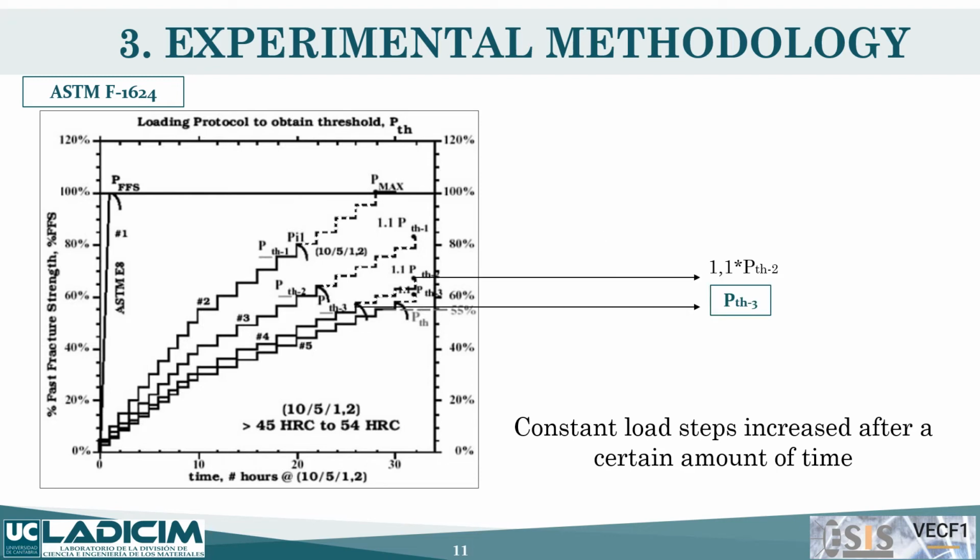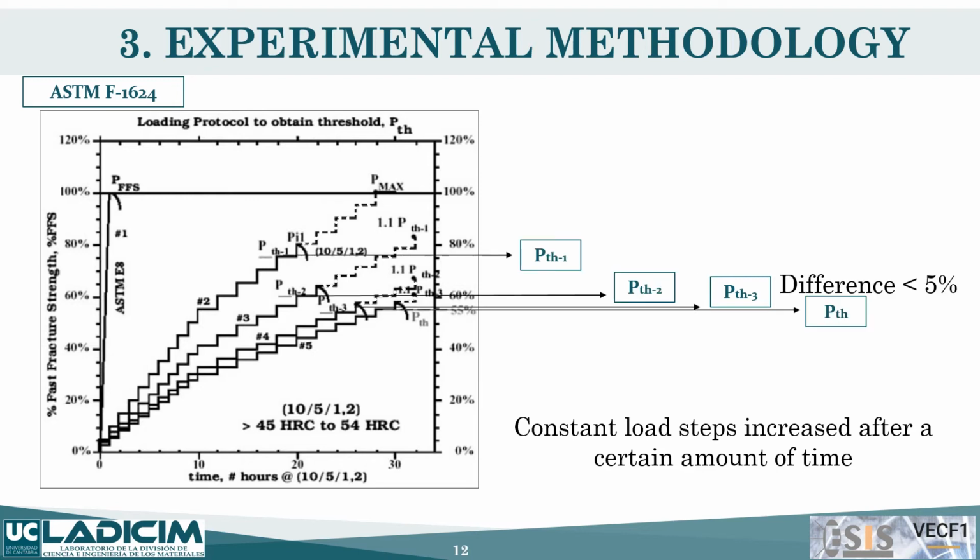Again, we increment the load in 10%, we do the third profile until the specimen breaks, and we obtain a third threshold. And we continue doing that until we reach two thresholds whose difference is lower than 5%.